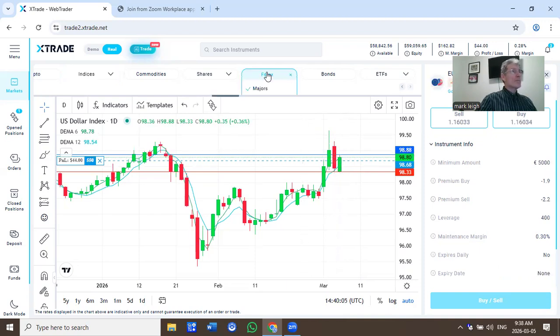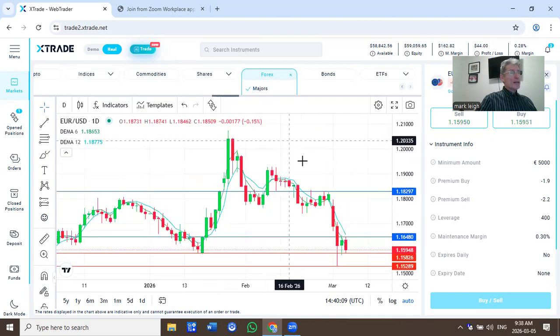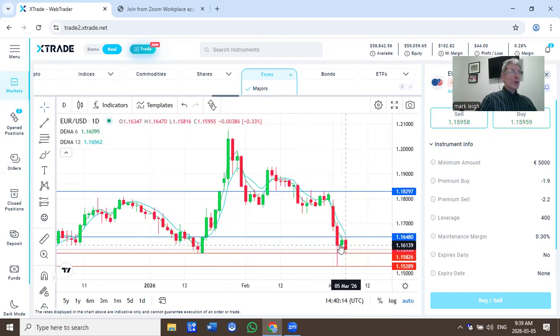Let's have a look at the majors. Euro US dollar. Downtrend continuing, selling euro, buying US, stalled yesterday, but continuing so far today. I've got resistance at 116.48. I've got support at 115.82.